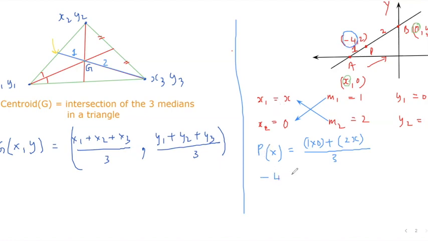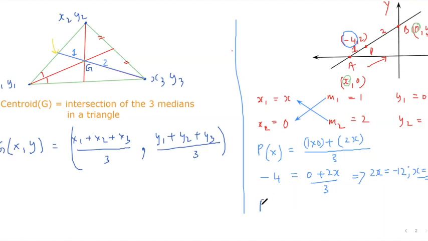So it's minus 4 is equal to 1 into 0 is 0 plus 2x by 3. Okay. So which implies that 2x is equal to minus 12 and therefore x is equal to minus 6. Is that fine? I'll just solve that equation algebraically. Is that okay, guys? Yes, no? Yes, sir.